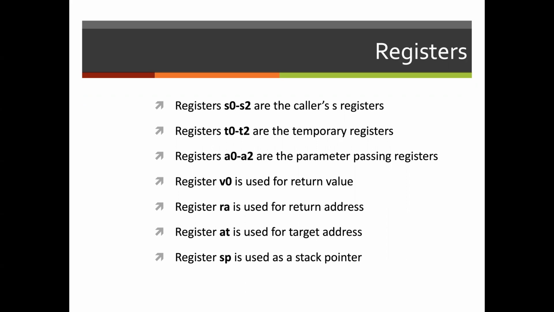We have parameter passing registers. We have a register that is used for return values. RA is used for the return address. AT is used for our target address. And SP is used to represent our stack pointer.